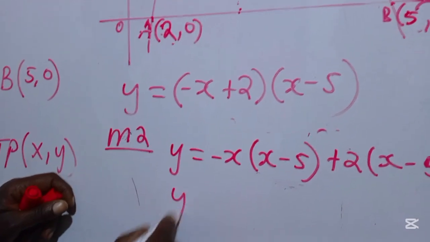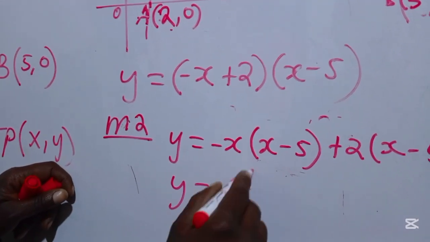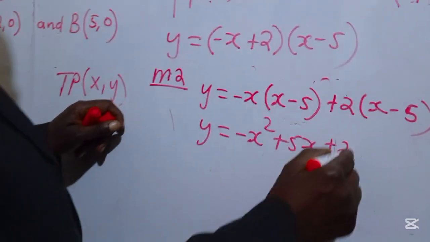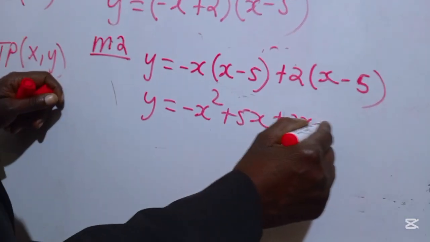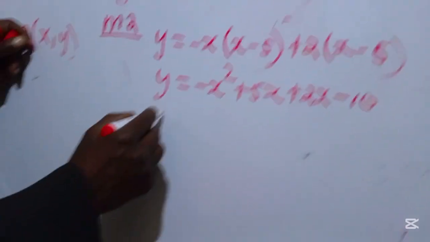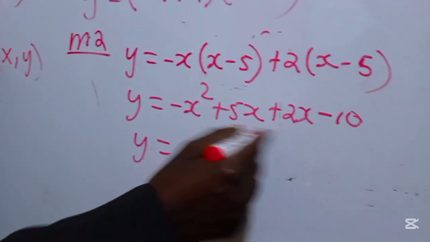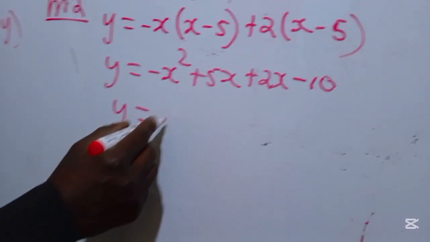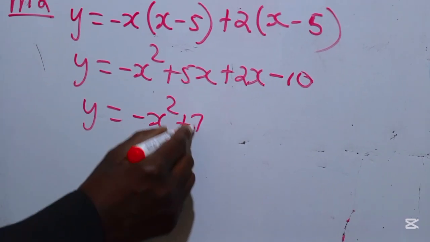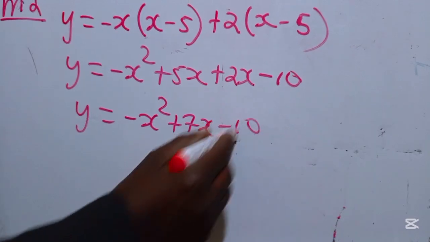You agree with me that this is the same as negative x squared plus 5x plus 2x minus 10. You agree with me that this is as good as saying, you work out this will be a 7, so it is the same as negative x squared plus 7x minus 10.